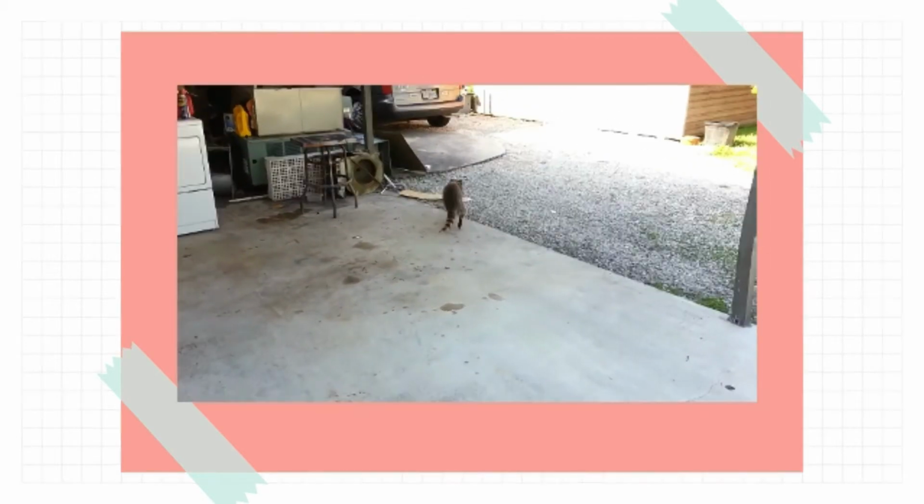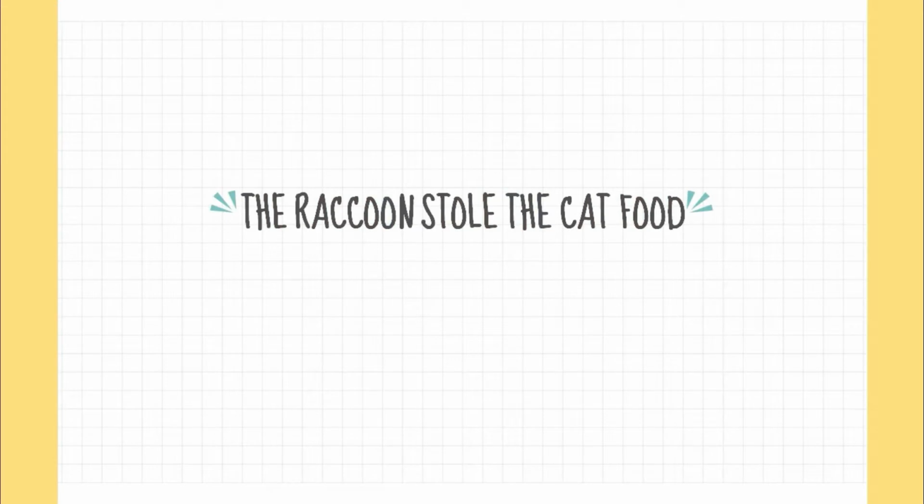We can see a raccoon stealing cat food and then running away like a little thief. The raccoon stole the cat food. So, who did the action? That's right, the raccoon. We will call the person, or in this case the animal that did the action, the agent.